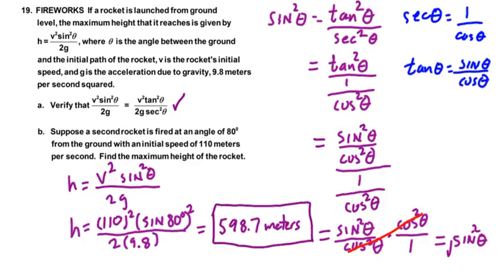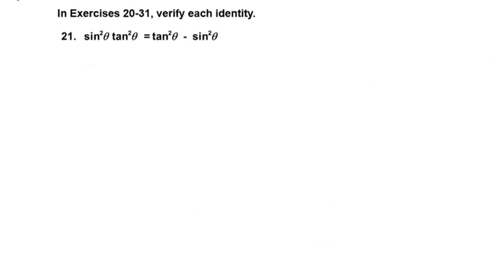So that's problem 19. Let's go to the next odd number problem, which is 21. We have sine squared theta tangent squared theta equals tangent squared theta minus sine squared theta. In this one, we're going to work with the right side until it equals the left side of this identity. We take tangent theta, which is equal to sine theta over cosine theta.